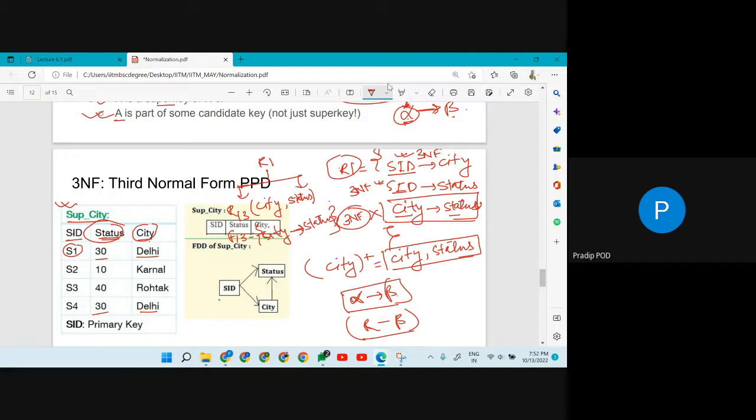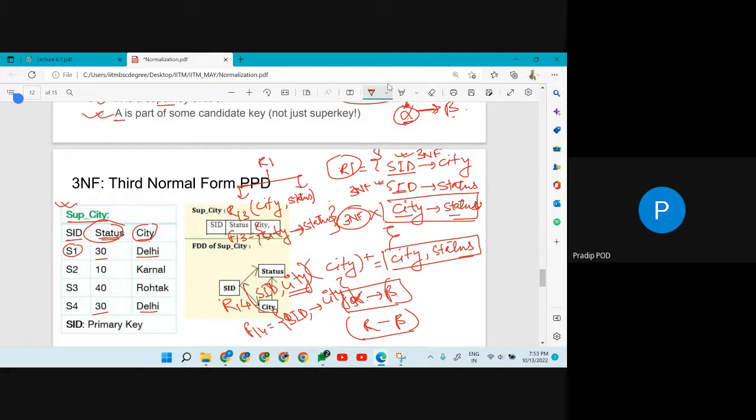So R14 will have SID and city. Beta is the status, so no need to write it in R14. Then you write the functional dependency associated with R14, that is SID to city.